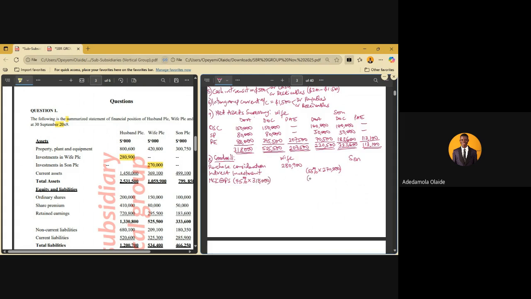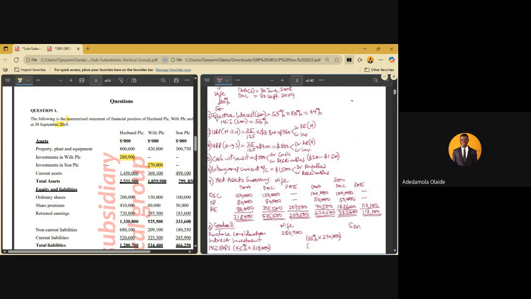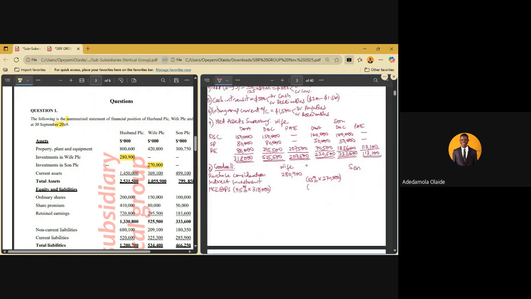And this one will be what? Don't forget, we calculated the effective NCI to be 56%. And that will be 56% of 220,500. And that will give us how much? The first one is 143,100.